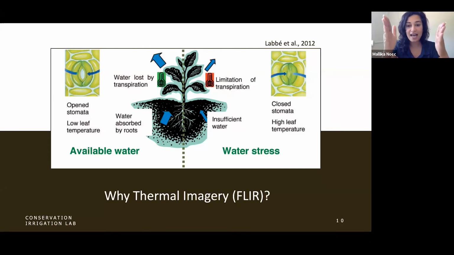And because of that, when you're using thermal imagery to take a picture of a cropscape, the crops that have more water stress are going to be warmer, and the plants that are lower stress and have plenty of water are going to be cooler. So that is the underlying science and theory of how we use this imagery to both estimate evapotranspiration and also to detect crop water stress.